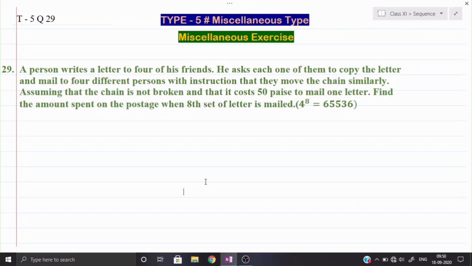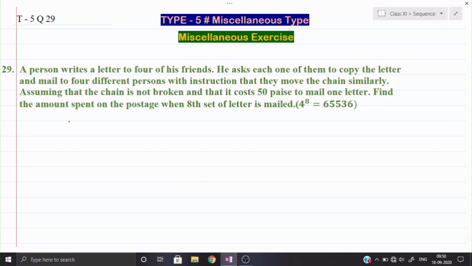Then we need to find out the total amount spent on the postage. First of all, at the 8th step, we need to find out how many letters have been posted. Suppose we say a total of 100 letters have been posted. Okay, so those 100 letters we need to multiply by 50 paise, because the rate of one letter is 50 paise here, and then only we can find out the total cost.